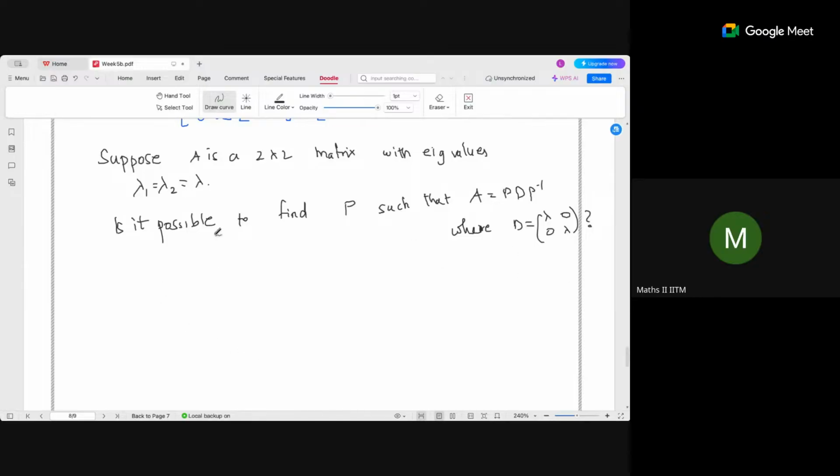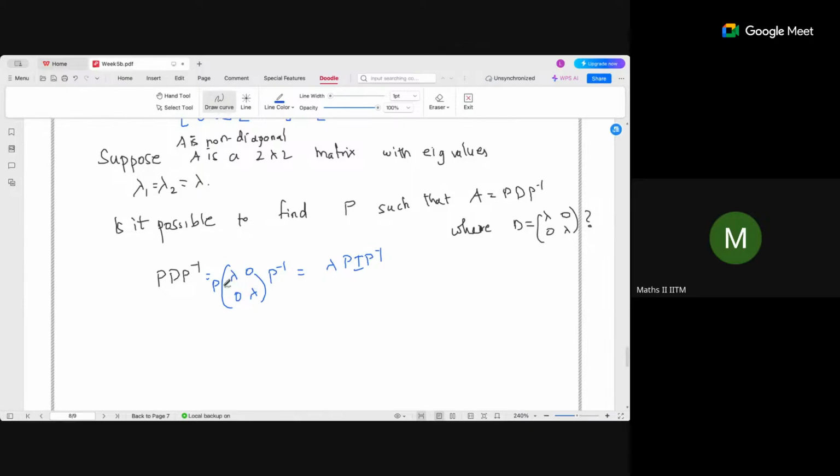Why is it no? Because, see, another assumption I need here: let's say A is non-diagonal. Already I have this condition that A is non-diagonal. Okay, so now what happens? A is equal to P D P inverse. First let us see: P D P inverse is P times lambda 0 0 lambda times P inverse, which is lambda times I, times P inverse.